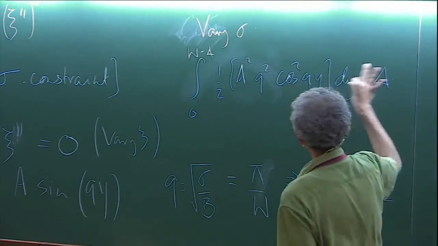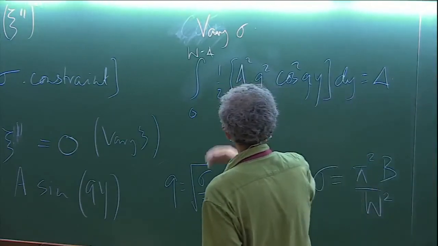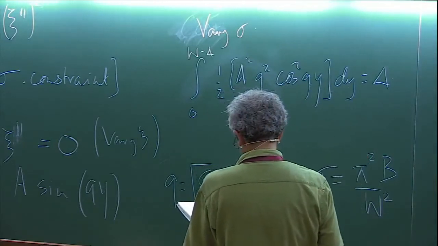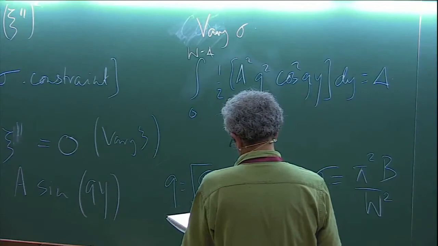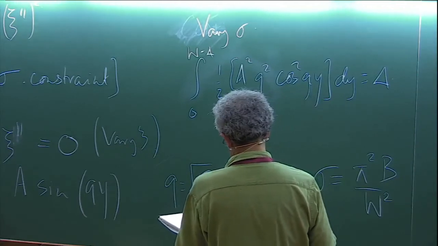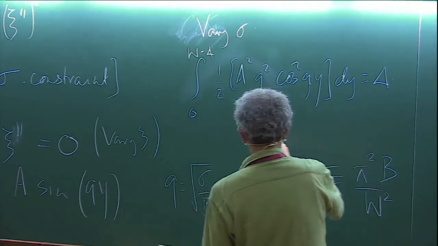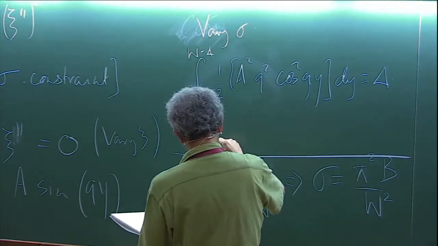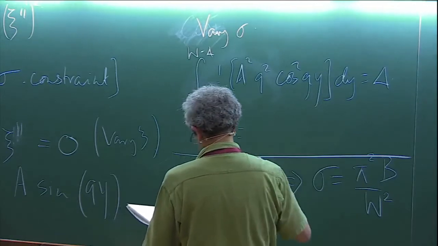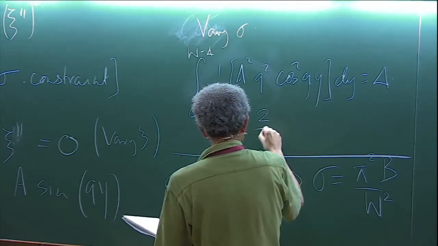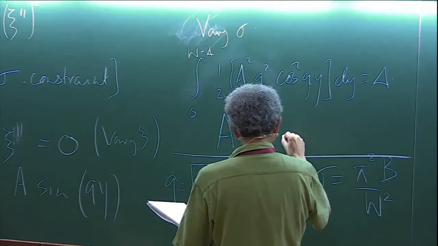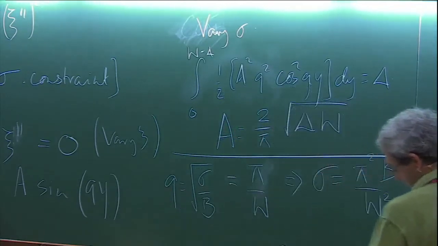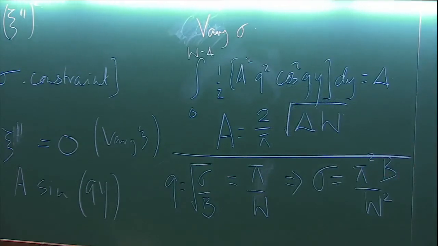So this is going to give you a 1 plus something, and so you integrate this out, and at the end of this, I have A equals 2 over pi root delta W. Okay? And I hope I did that right.